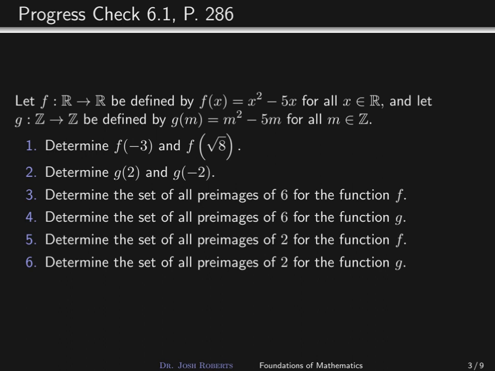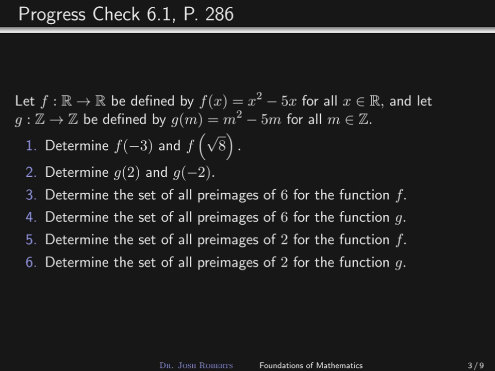This function has a different domain. It starts in the integers and goes to the integers. I'm going to define it the same way, m squared minus 5m. That is, I do the same thing to domain elements to get codomain elements.